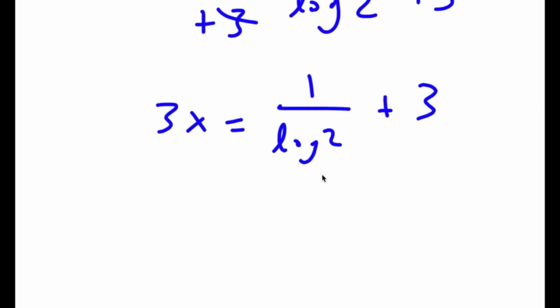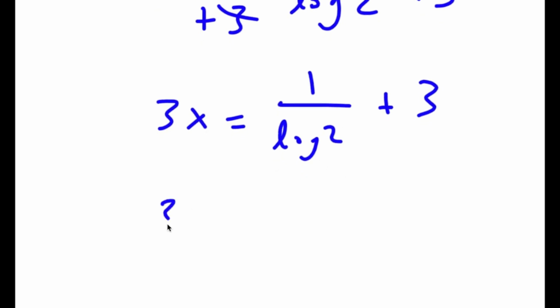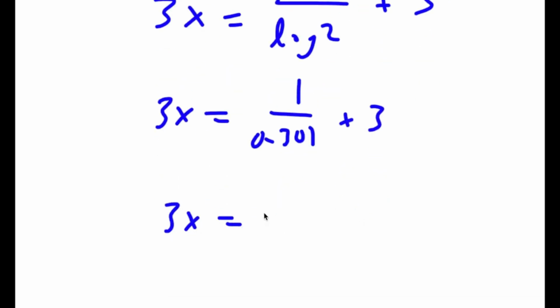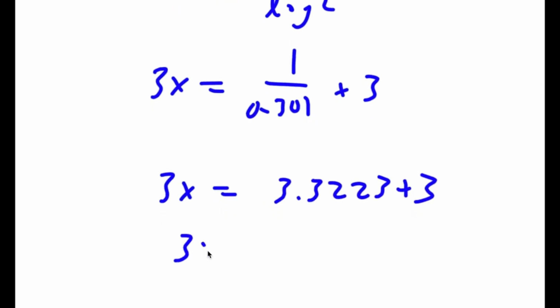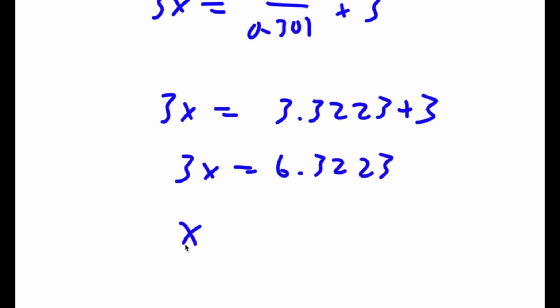And 1 over log 2, that's the same thing as 1 over 0.301, which is 3.3223, plus 3. So I have 3x is equal to 6.3223, meaning x is equal to 2.1074.